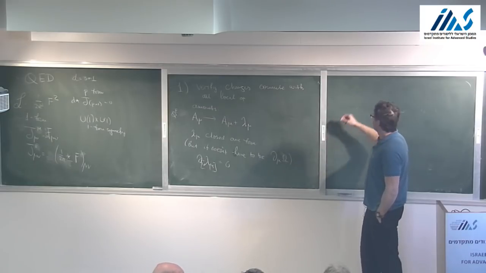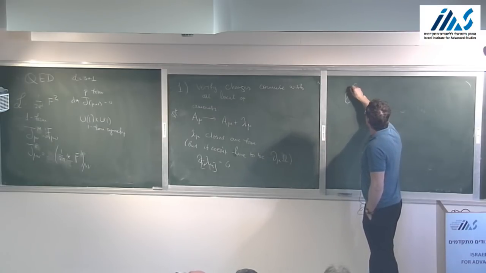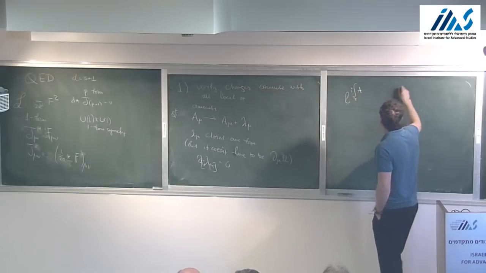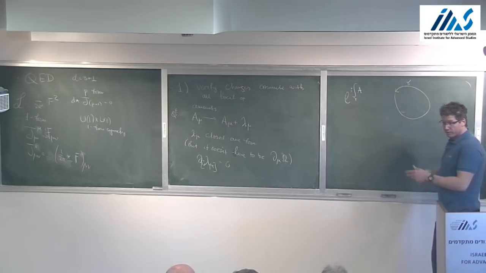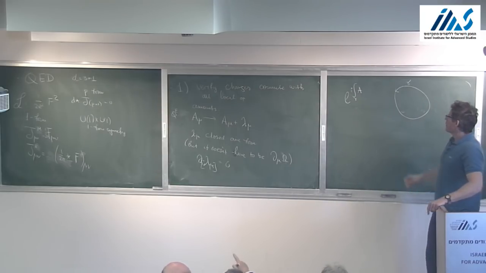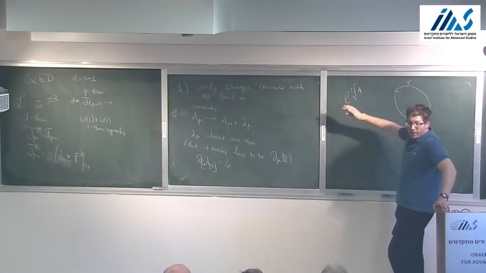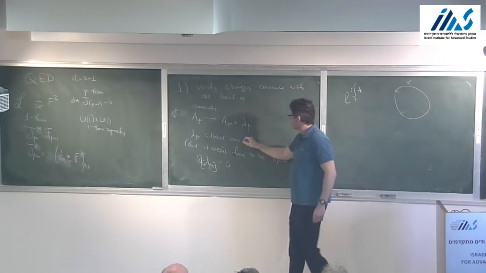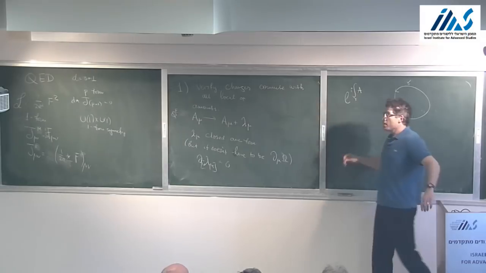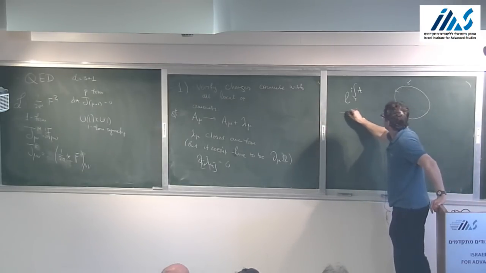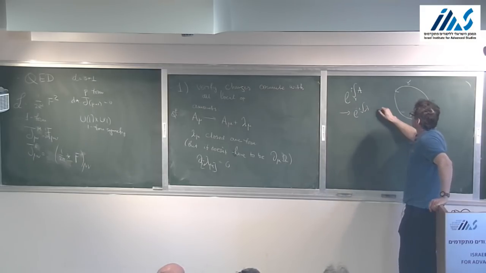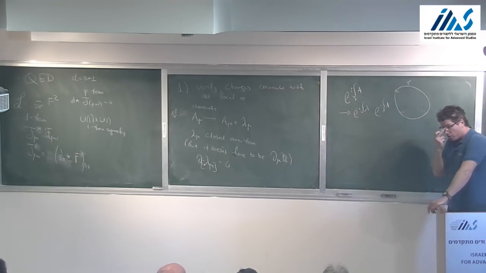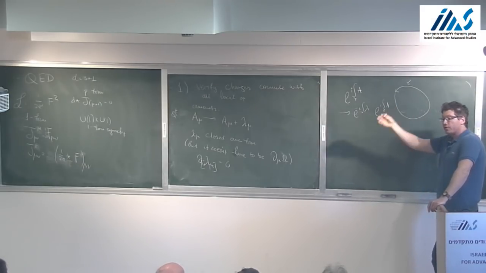However, from this discussion, it's clear that it acts on Wilson lines, electric Wilson lines that are supported on some closed curve. So let gamma be some closed, non-contractible curve. If we shift the gauge field by a closed one form, lambda mu, the Wilson line will transform by an integral of this lambda times the original Wilson line. So it's not a gauge symmetry, because closed Wilson lines may transform.